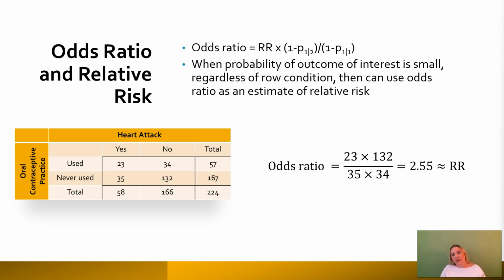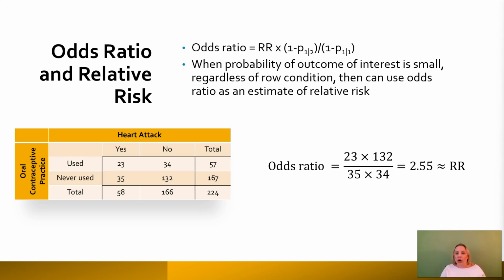When I look at the odds ratio, I can take my relative risk times 1 minus pi 2 divided by 1 minus pi 1. So when the probability of the outcome of interest is small, regardless of the row condition, you can use the odds ratio as an estimate of your relative risk.